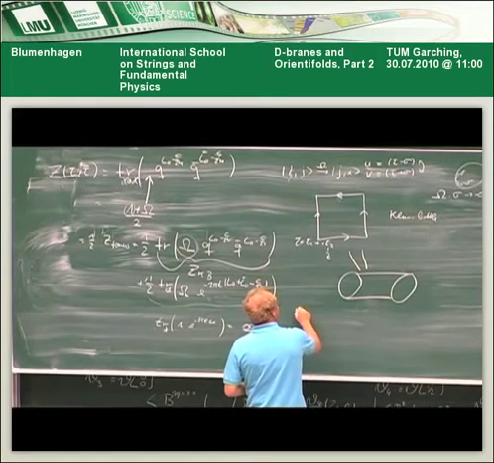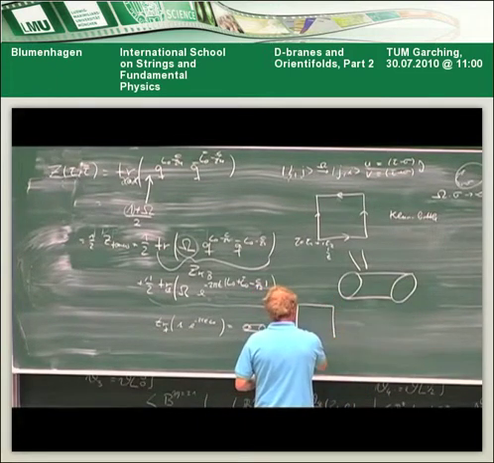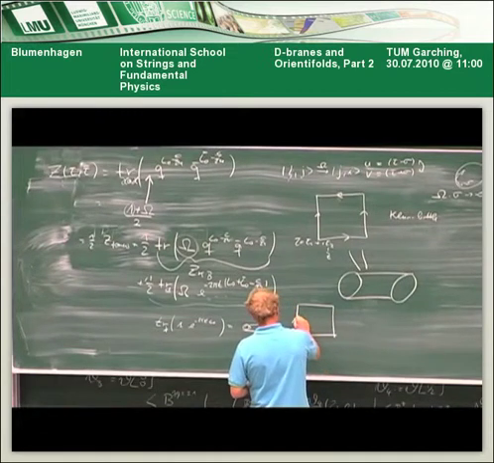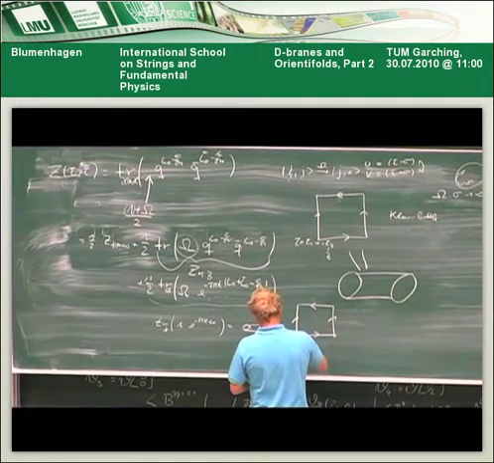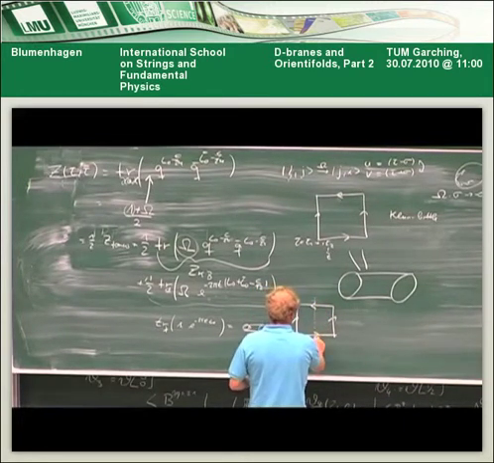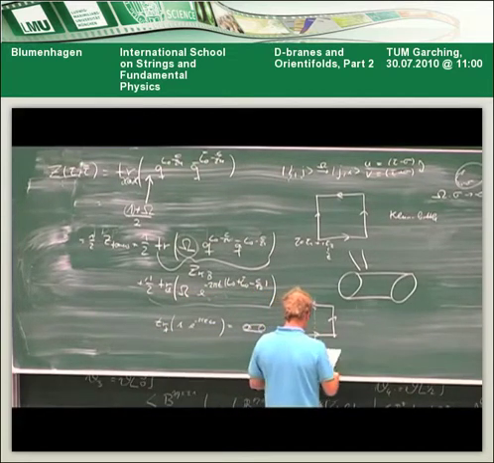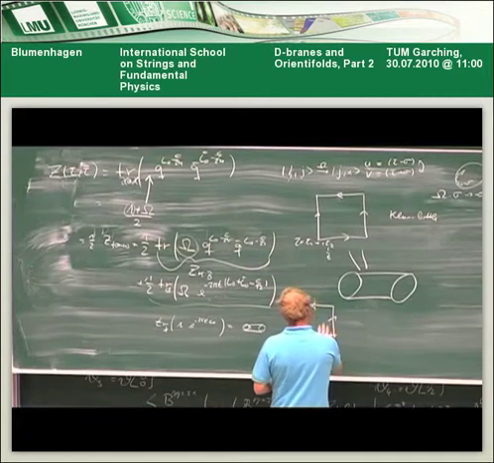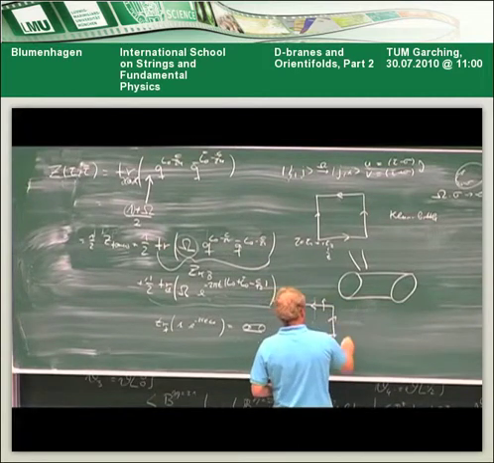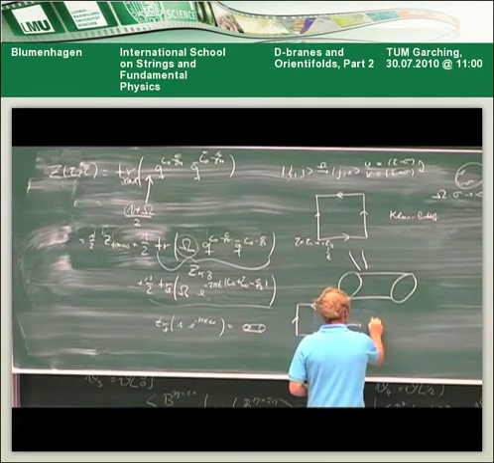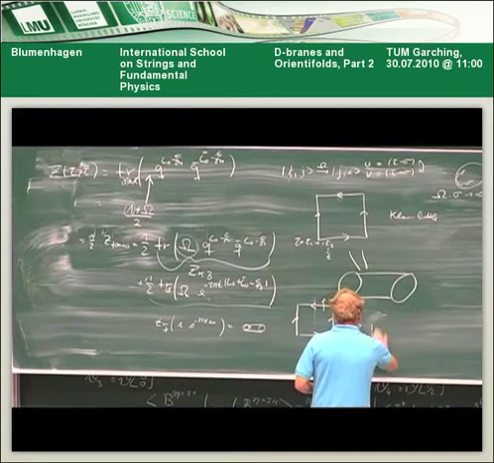So I start with the Klein bottle. Okay, and now I cut it along this line here in the middle, and I shift this upwards. So what happens? More space.